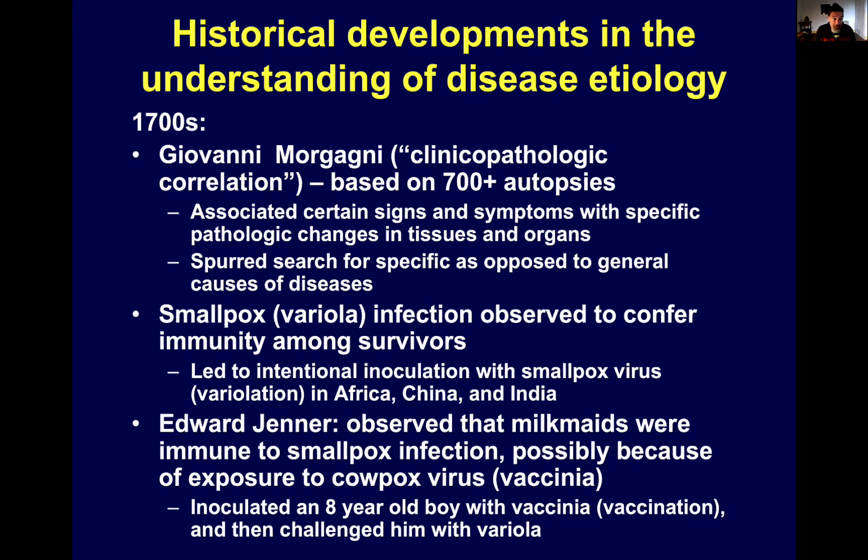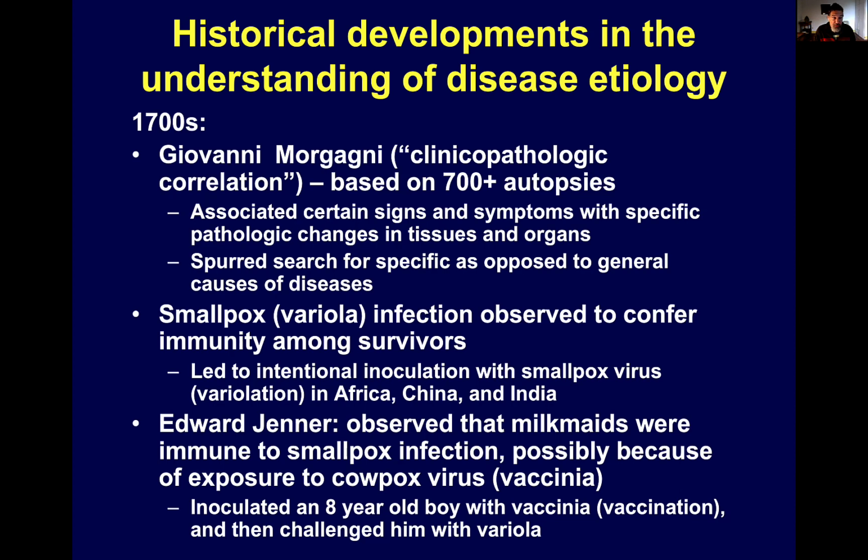And this was another example that spurred the search for specific, as opposed to general, causes of diseases. So each disease could have its very own specific cause, since each disease has its very own specific set of symptoms and pathology.